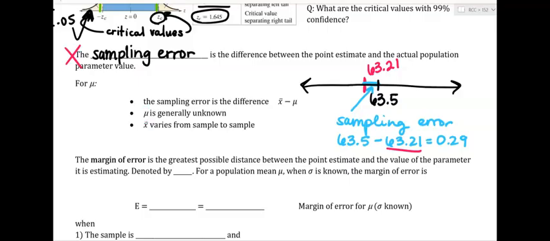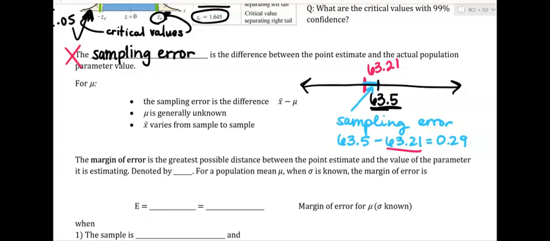And another reason why we won't be using that is because, if I had chosen a different sample of women, maybe my point estimate would not have been 63.5. I bet the average height of women will be different next year, depending on the new data that's collected and compiled. So that's another reason why we won't typically be talking about the sampling error, because even the sample mean will be changing from sample to sample.